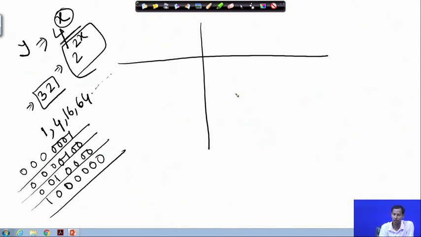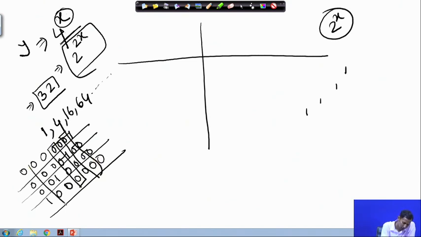So, again from the 2 to the power x function we have derived, what was the logic there? It is changing 1, then 1, then 1, then 1. But here you see that these positions are 0. That means the alternate positions are filled with all zeros for 4 to the power x.